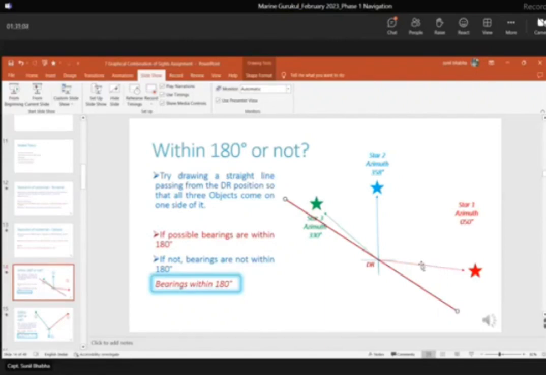Just a minute. ये लो बेटा, ये रहा 145 पे आ गया तुम्हारा स्टार यहाँ पे. It will be here. So still within 180 बेटा.